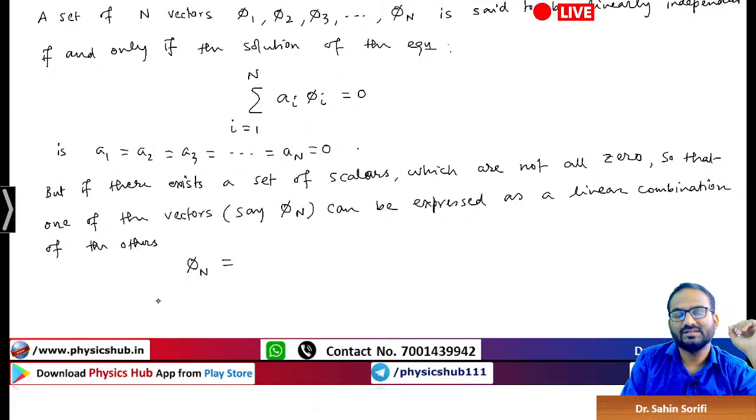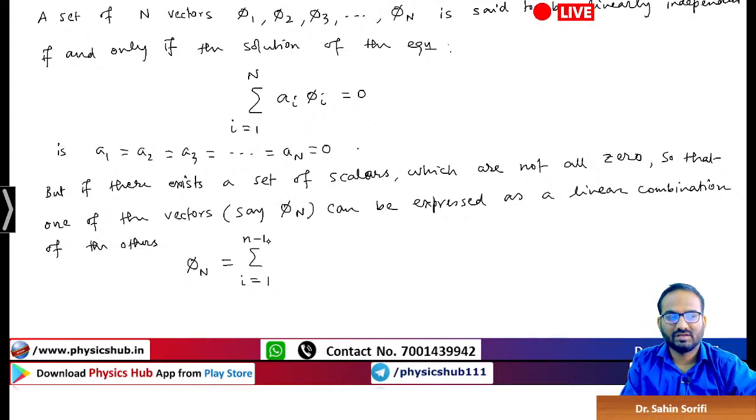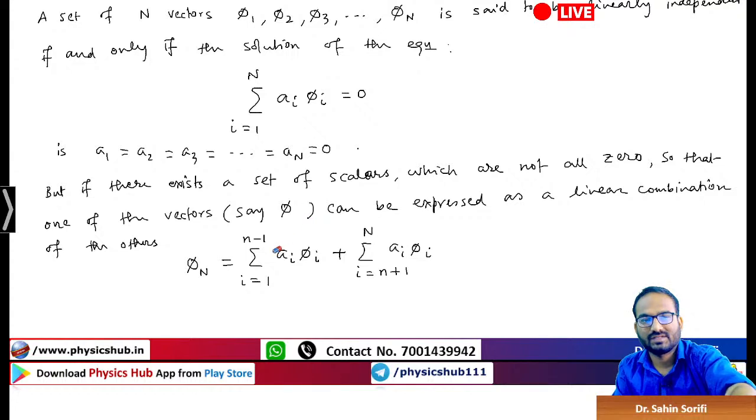If you can write it as a linear combination of the other vectors, the sum over i equals 1 to n minus 1 of ai phi i, plus the sum over i equals n plus 1 to N of ai phi i. Let's say this is not capital N, this is small n.